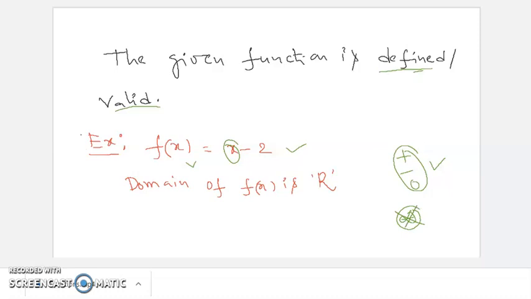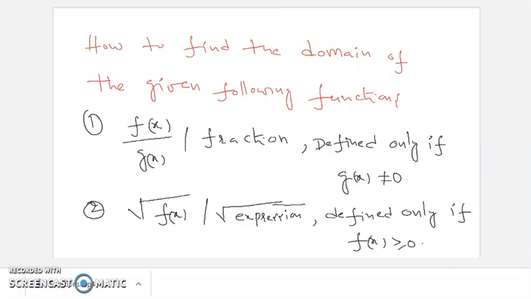Let's have a look at some examples. How to find the domain of the function for the following functions. If the function is of the form f of x by g of x, a fraction, this type of function can be defined only if the denominator, here g of x, is not equal to 0. Then only we can find the domain.